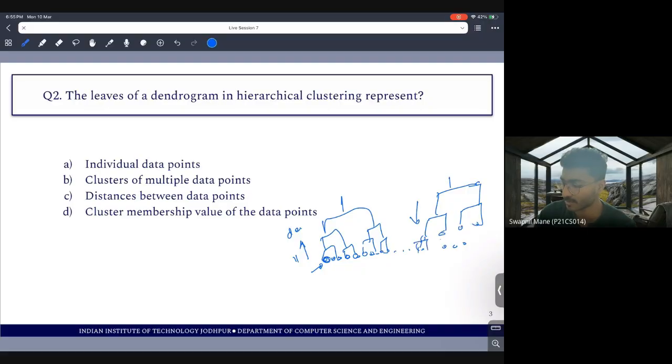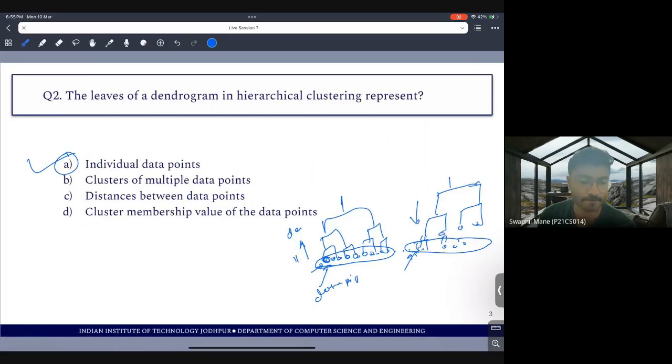So this is a top down approach. You can observe here that these are the leaves of this tree. The leaves of this dendrogram are individual data points. Clusters of multiple data points, that is not true. So option A is correct here.